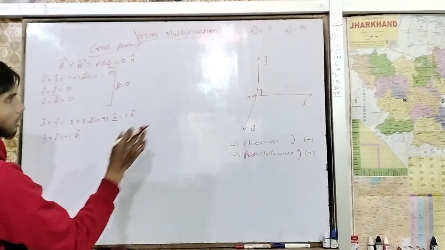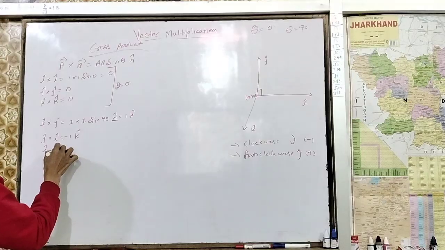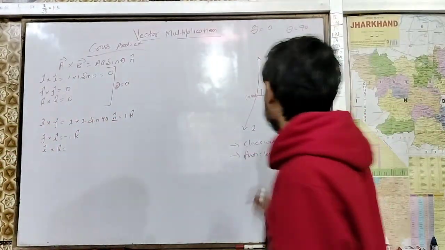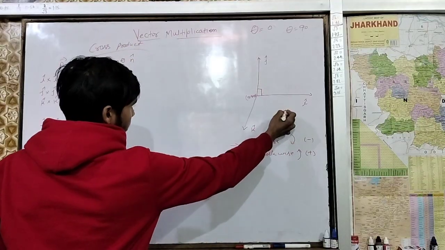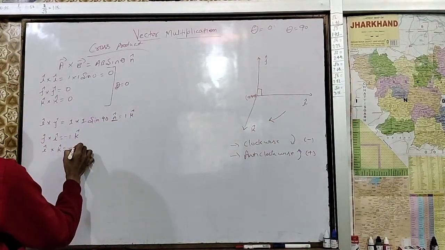Now next we have I cap into k cap. This I cap, then the direction is like this. It means negative j cap.